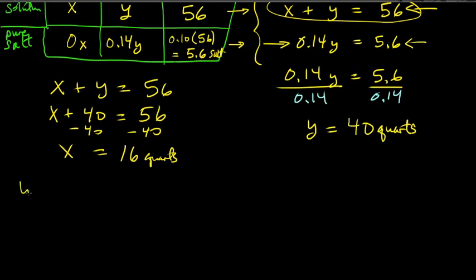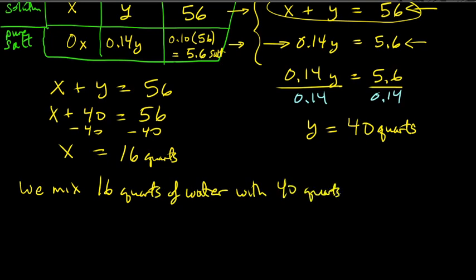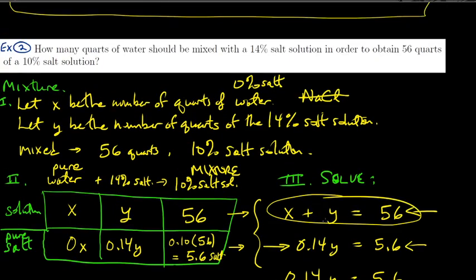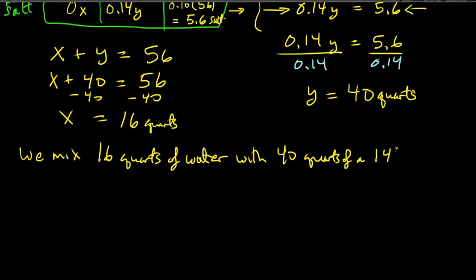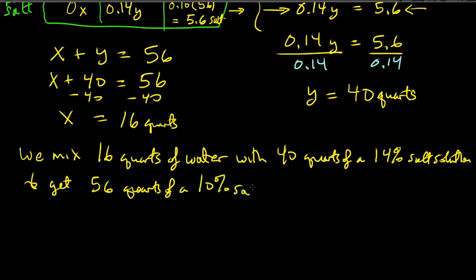So we mix 16 quarts of water with 40 quarts of a 14% salt solution to get 56 quarts of a 10% salt solution.